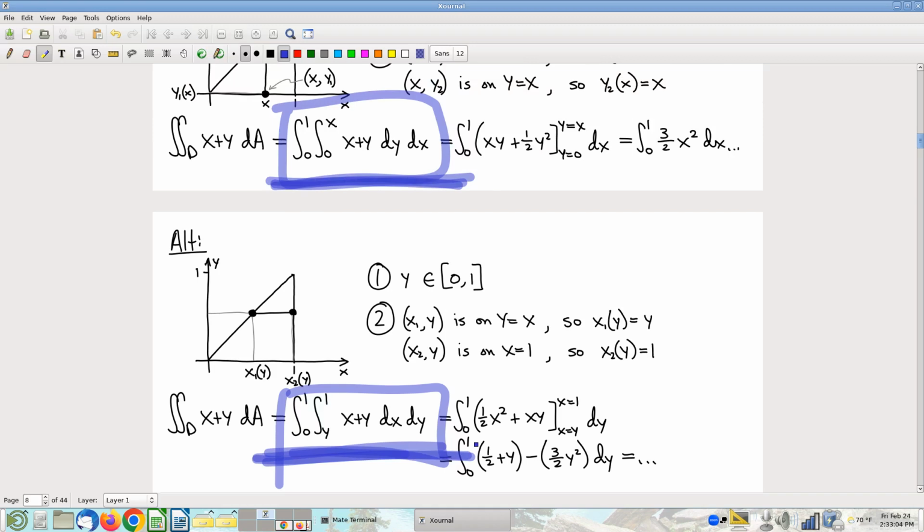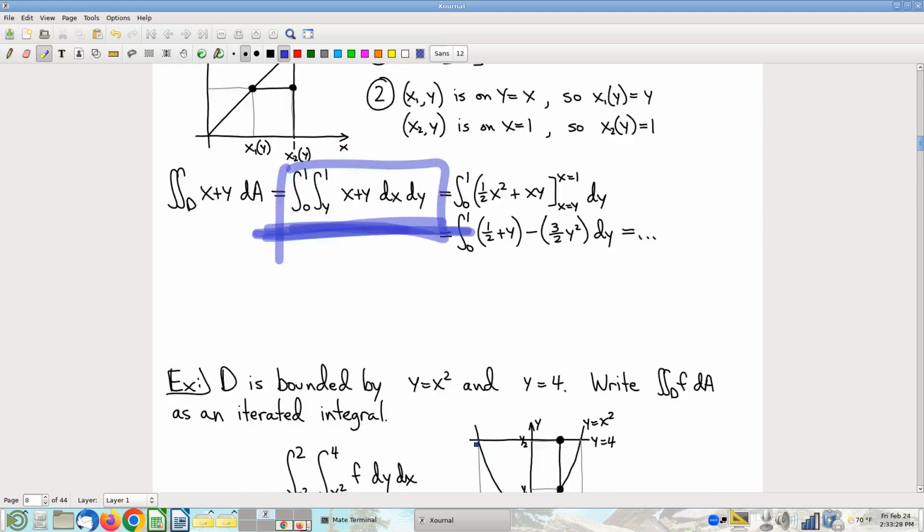You can't just switch the, when you have non-rectangular domains, I hinted at this previously, these bounds and these bounds are not just trades of each other. They can't be. So, again, that only works for rectangles. If you do the slicing in the other order, you've got to completely redo your slicing process. Okay, moving along.